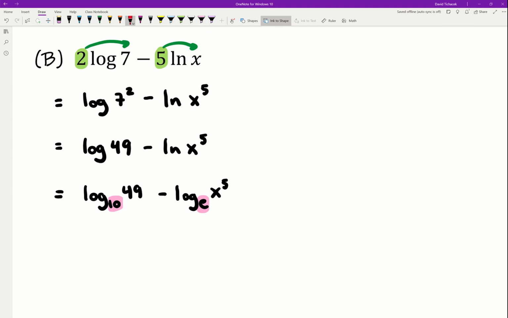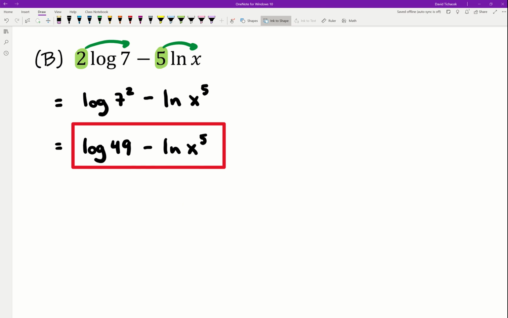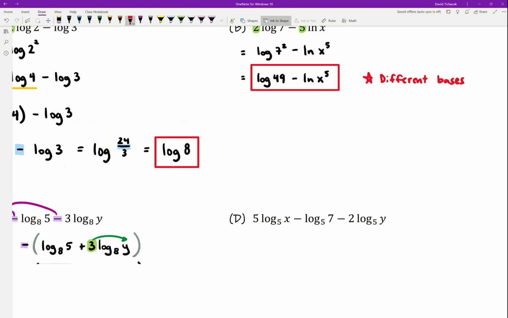We can't continue any further beyond this point because the bases of our logs are different, okay? And so we aren't going to be able to do anything else with this one. I might just make the note here to be on the lookout for different bases. If we do have different bases, we have to say that we cannot continue with the rules that we just discussed.